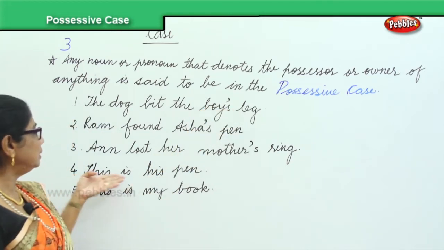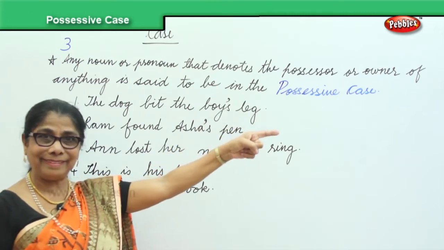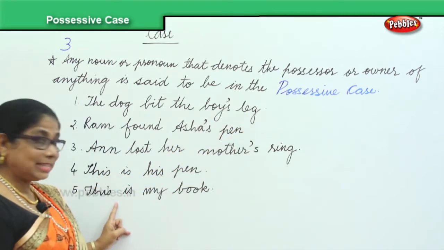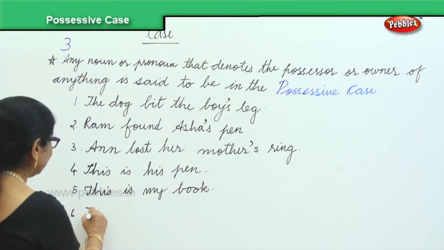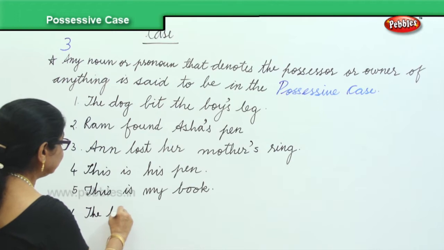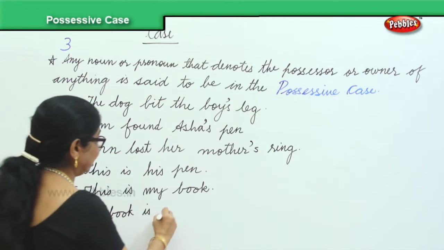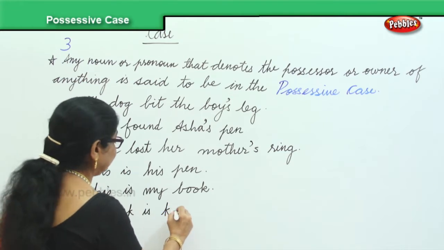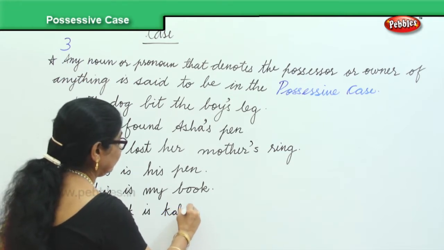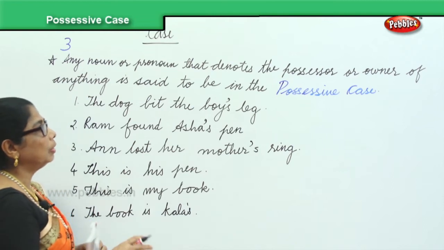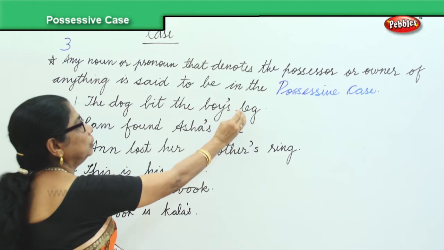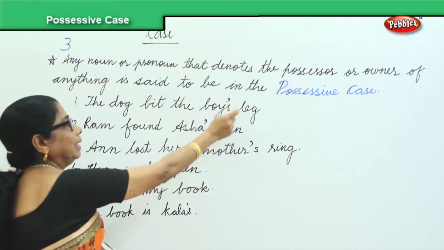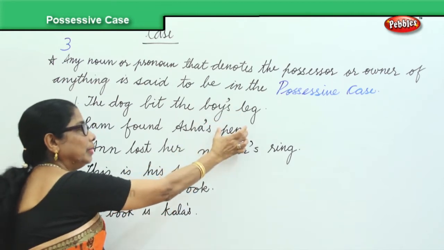Here, this is his pen and this is my book. Then you can say the book is Kala's. You can't say it's my book, it's Kala's book. Now, in all these cases, who is the owner of the leg? The boy. Who is the owner of the lost pen?